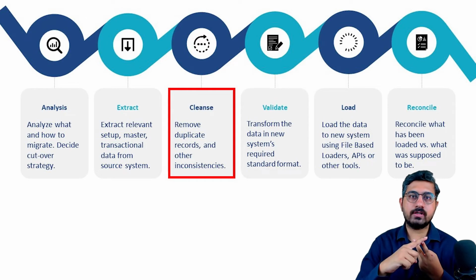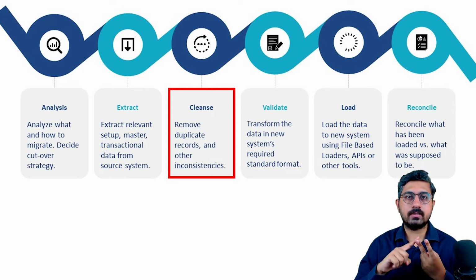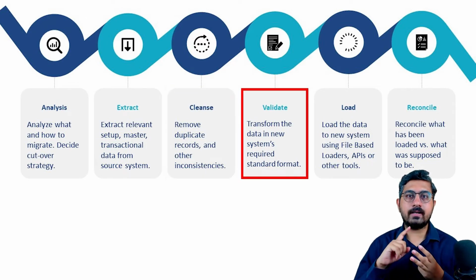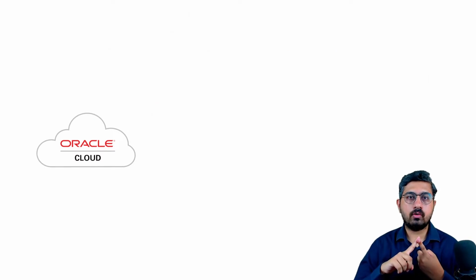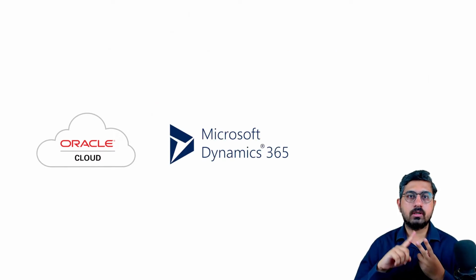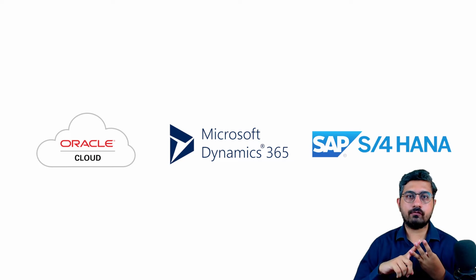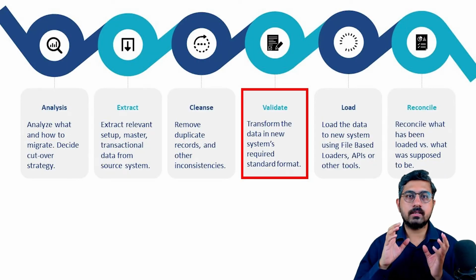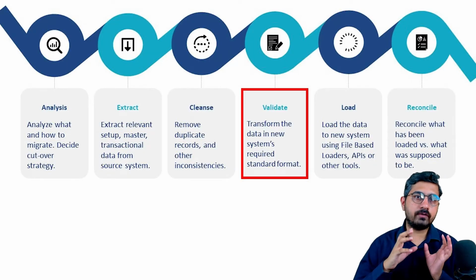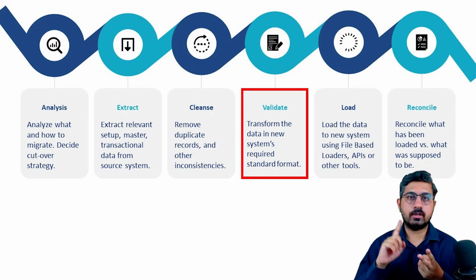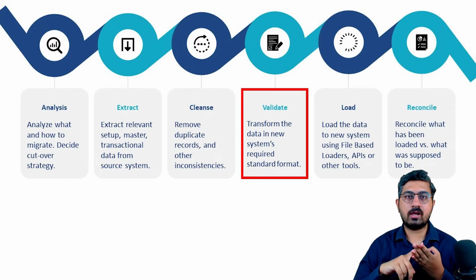So the first step was the data extraction. Second thing is the data cleansing. Third thing is the data transformation. If the organization is implementing any tier 1 ERP, for example, Oracle Cloud ERP or Microsoft Dynamics or SAP S4 HANA, then in all of these softwares, for all of these types of data, like the vendor master, the customer master, the bank master, trial balance, vendor invoices, customer invoices, payroll, purchase orders, there would be some set formats.